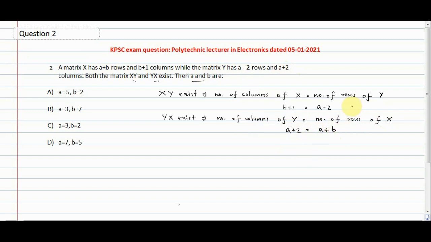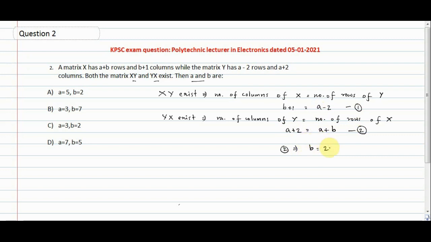Okay, now we have two equations corresponding to unknowns A and B. So by solving equations 1 and 2 we can calculate the values of A and B. So from equation number 2, we can say that the value of B is equal to 2, because here if you cancel A and A we get B equal to 2.